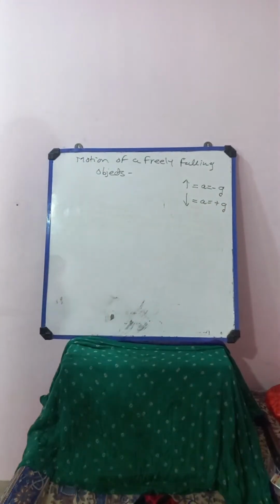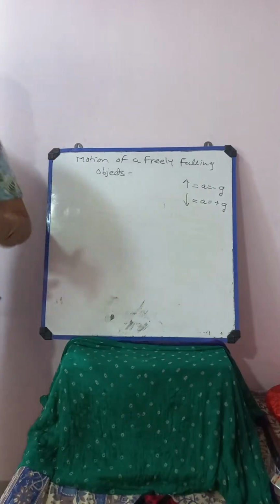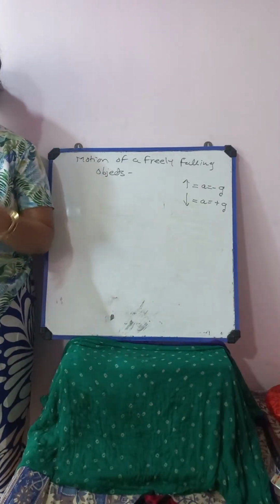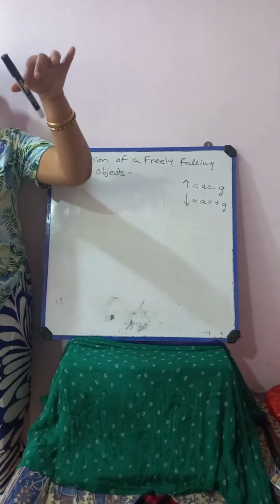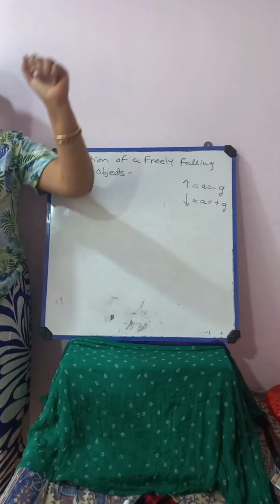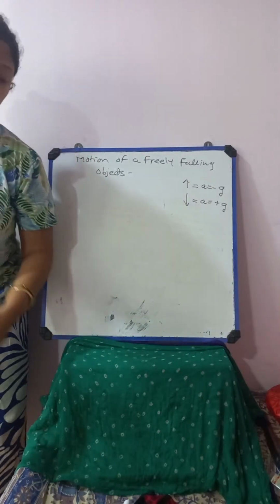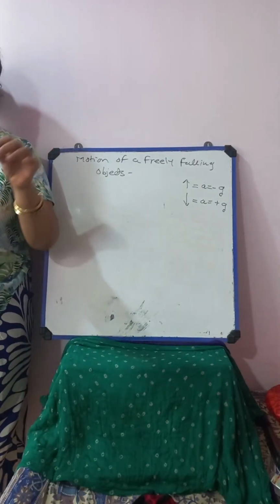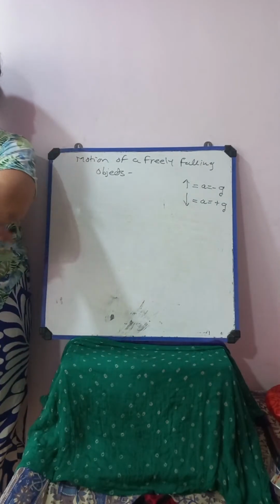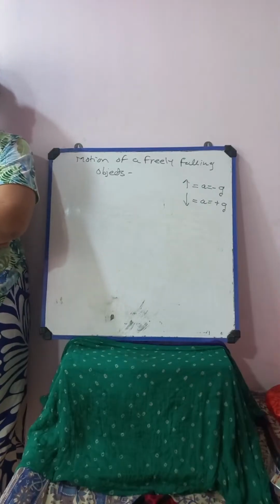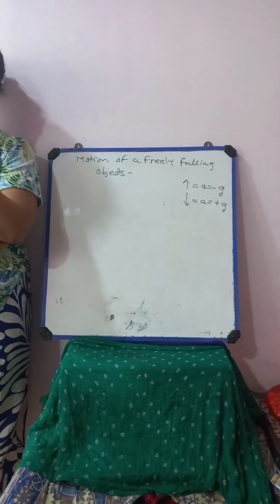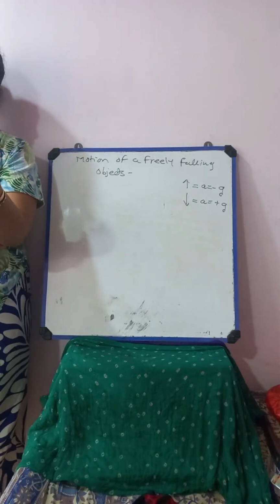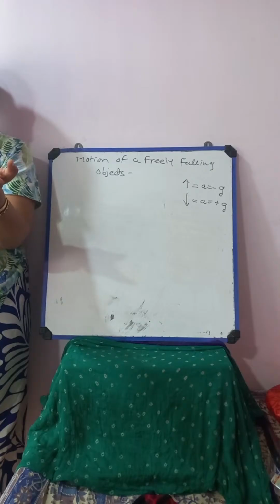Freely falling object is nothing but what? Look, freely falling object means whenever I drop this pen, I didn't apply any force. There is no external force acting on this body, I am just dropping, then it is going towards the ground. Means Earth has a gravitational force and it tries to attract bodies. Even us walking is an example of gravitational force.